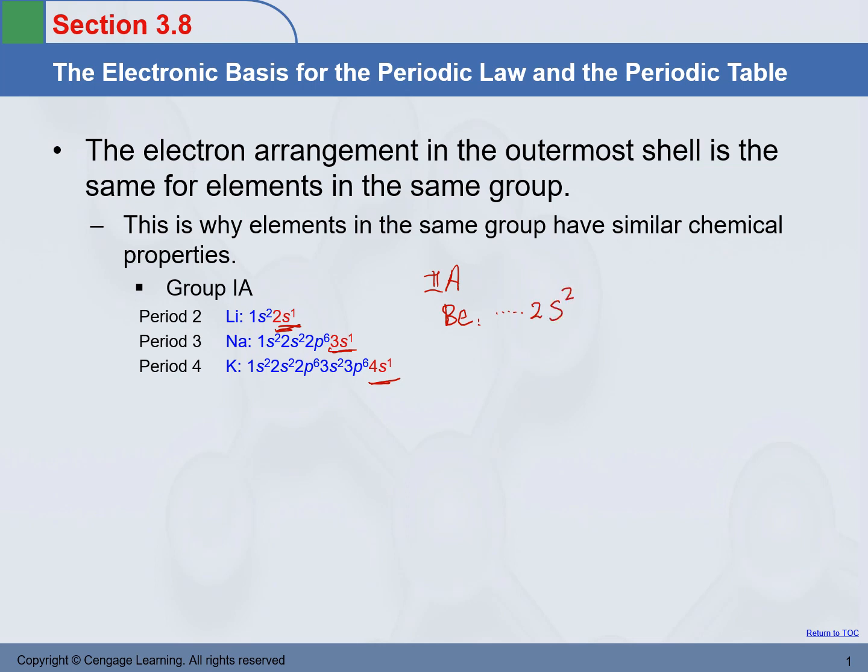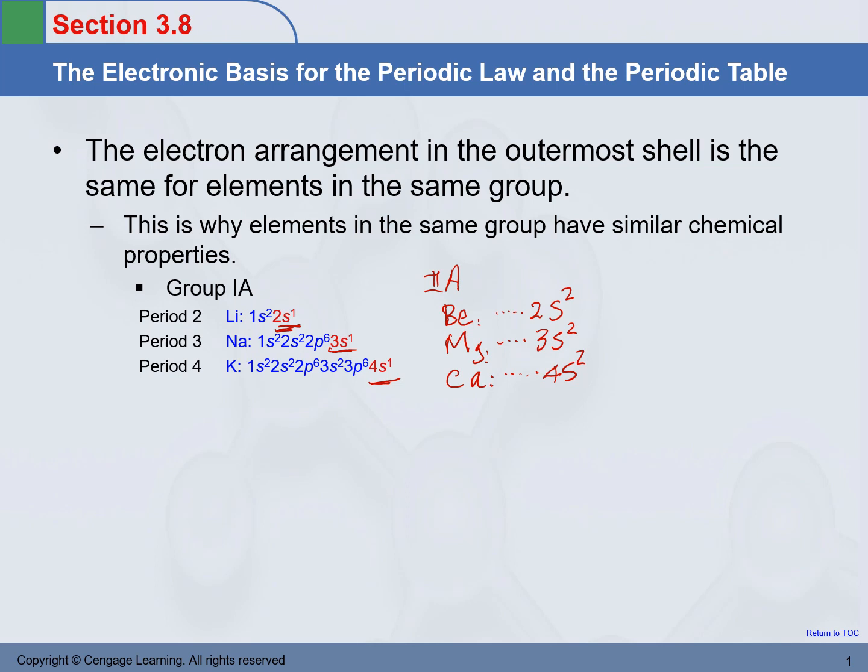The next one after sodium is magnesium. The outermost shell will be 3s2, with 2 electrons there. The next one after potassium in column 2A is calcium. The outermost shell of calcium will be 4s2.